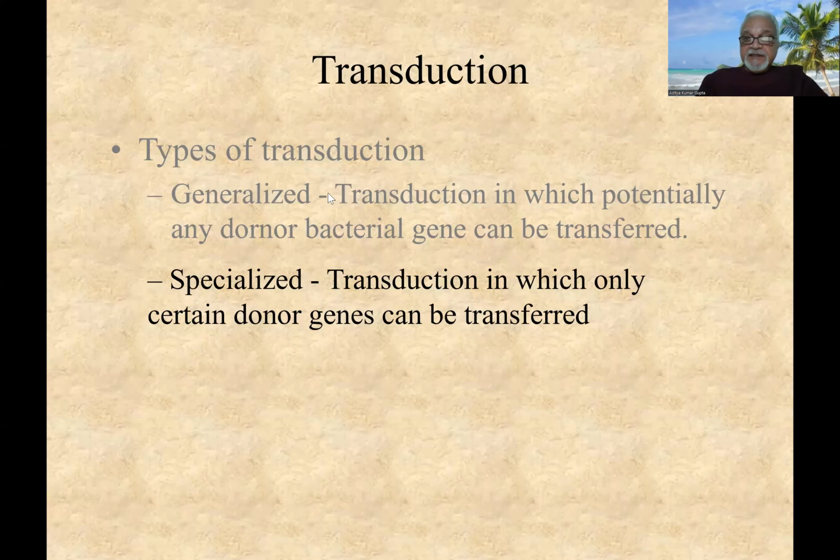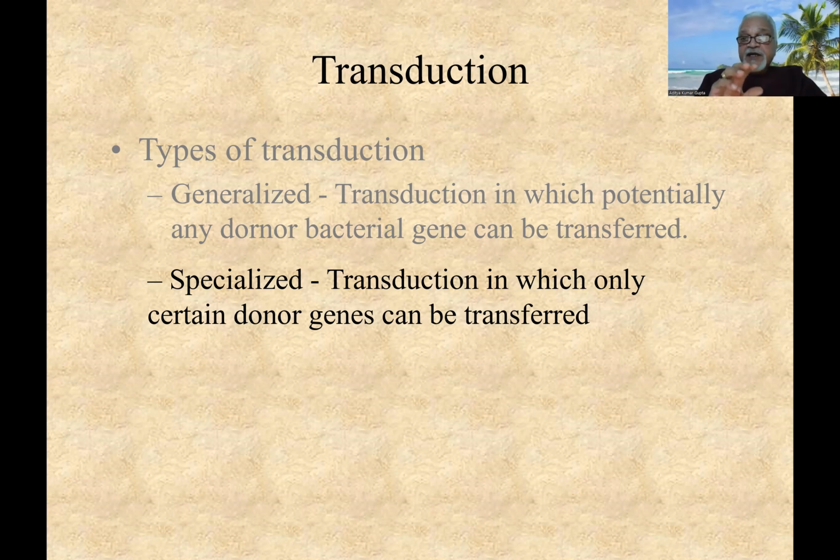What is generalized transduction? As the name indicates, the DNA from the donor cell can be taken from anywhere, any part of the host chromosome, and transferred from donor to recipient. So it is generalized; there are no specific regions of the host chromosome which go from donor to recipient.